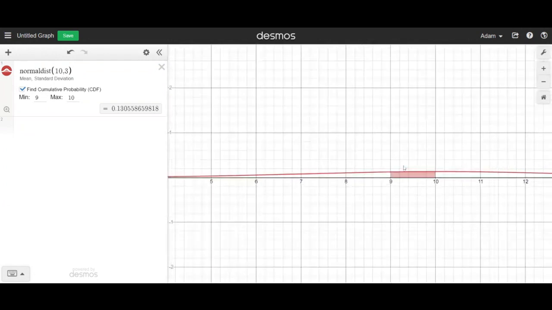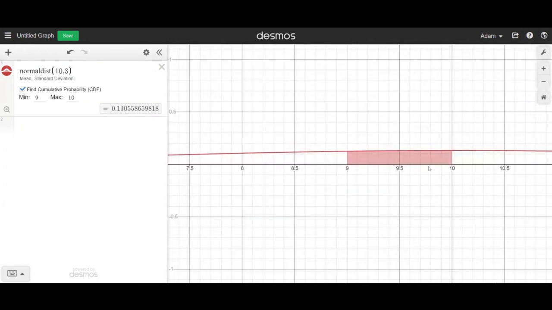Let me zoom in a bit. So between 9 and 10, that area is about this much, which is on the slide. As a percentage, you just move the decimal to the right 2 spaces. You get about 13.056%. I did round it off. On the final, if this is on there, I'll tell you how many decimal places to round to.